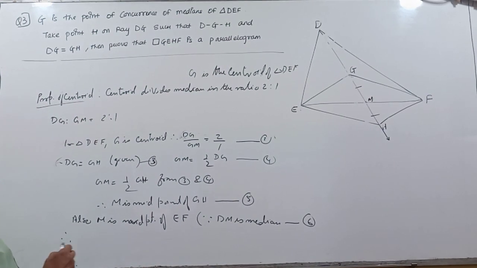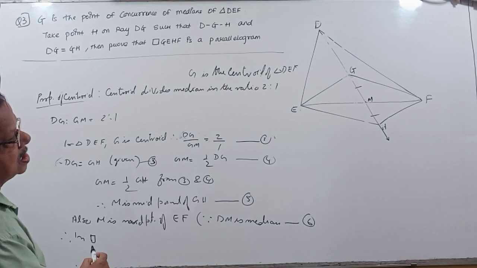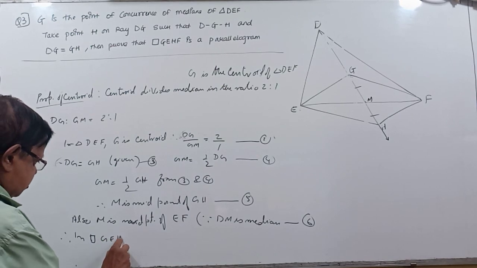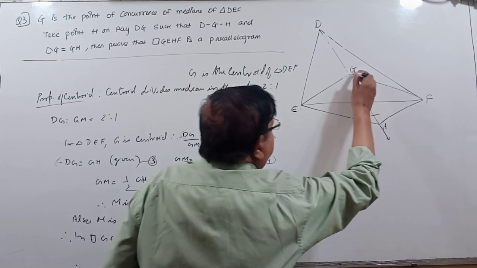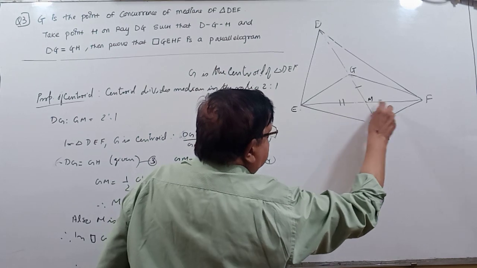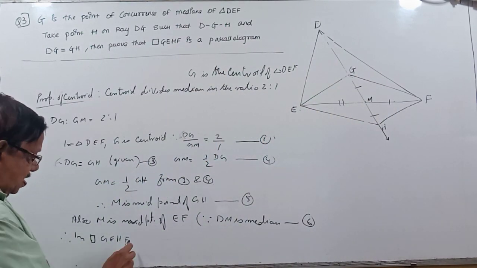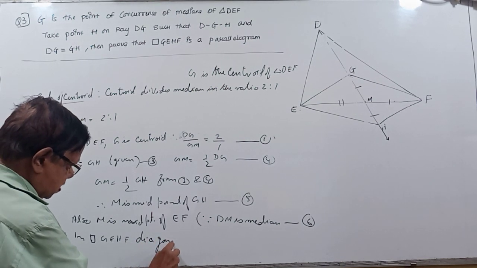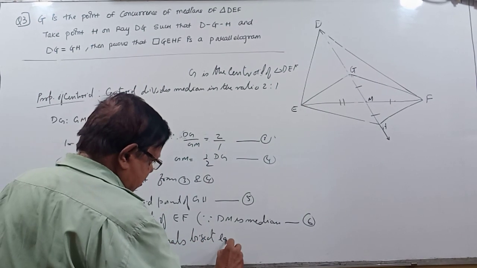Therefore, in quadrilateral GEHF, this is the midpoint, this is equal to this, we proved, this is equal to this because this is the median. In quadrilateral GEHF, diagonals bisect each other.